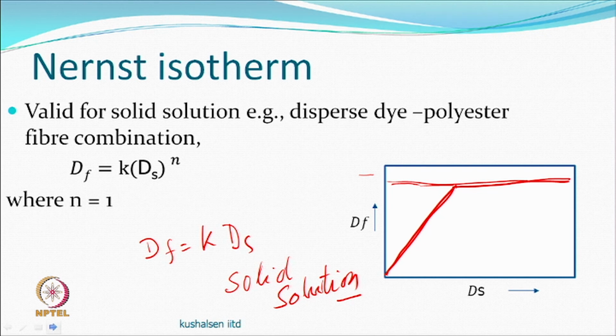So, the partition coefficient will shift towards the solvent and not towards the fiber, and that is the reason why, although dispersed dyes are not water soluble, we still dye from aqueous systems, right. So, it is good that more dye goes into the fiber rather than staying in the solution.